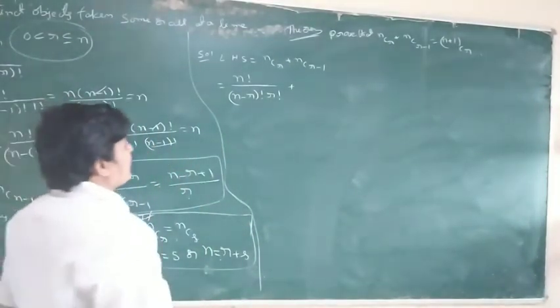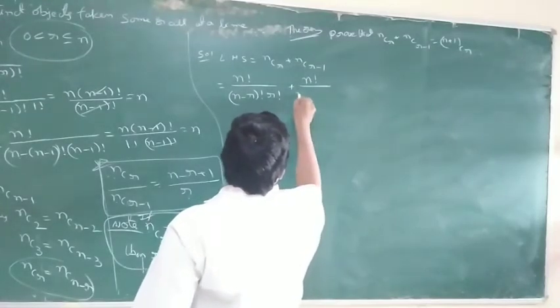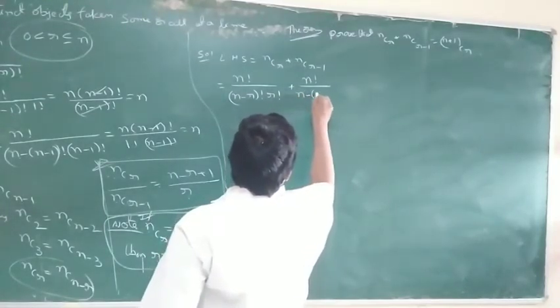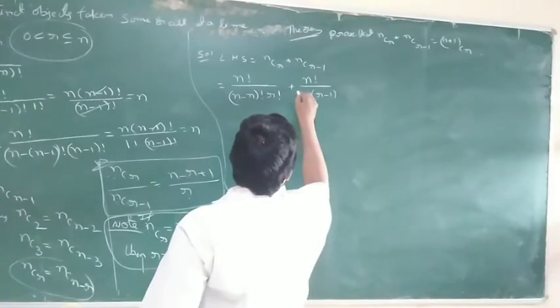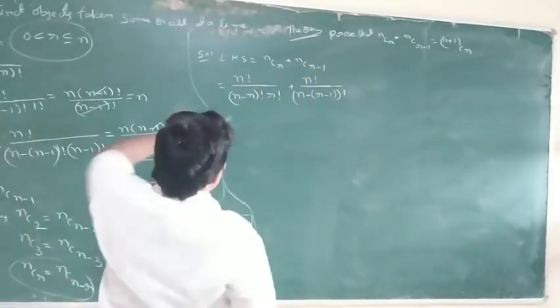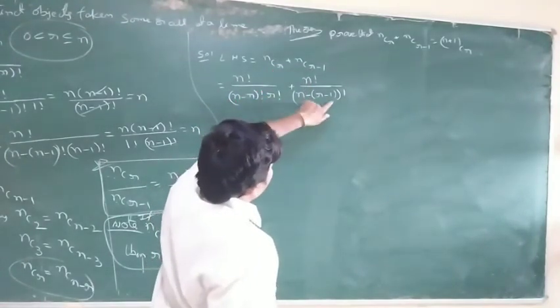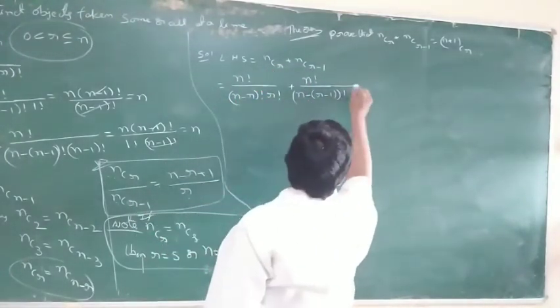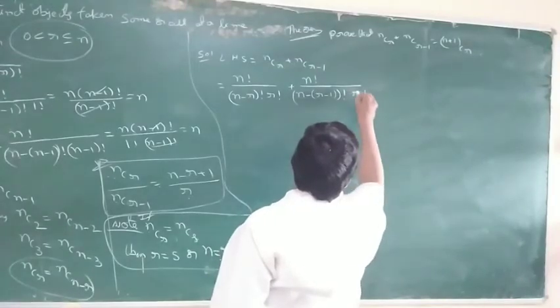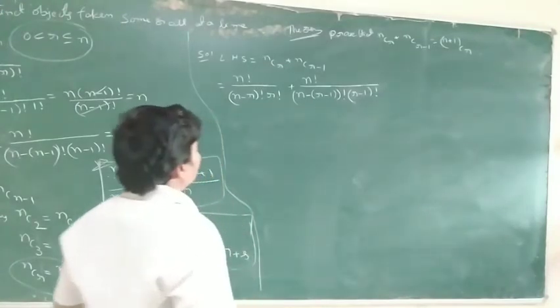Okay, nC(r minus 1) is equal to n factorial by (n minus (r minus 1)) factorial. This is n minus r, n minus r plus 1. So it is (n minus r plus 1) factorial into (r minus 1) factorial.